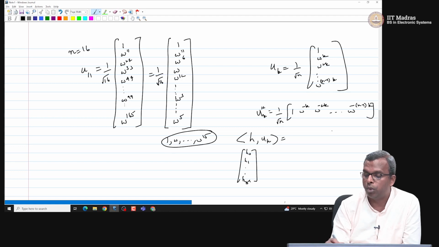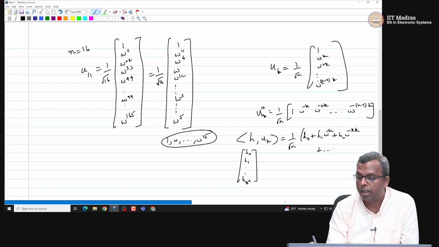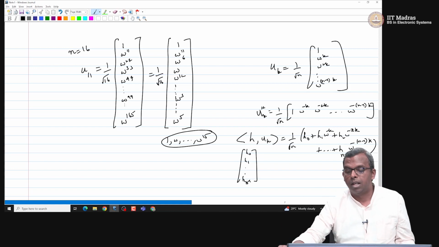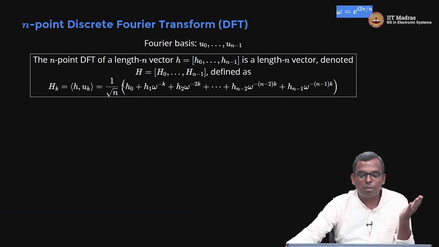You get 1 by root n into h0 plus h1 omega power minus k plus h2 omega power minus 2k, and so on till hn minus 1 omega power minus n minus 1 into k. I hope this inner product definition is clear, and you see that it works out to be like the eigenvalue, isn't it? This is nothing but the lambda k.